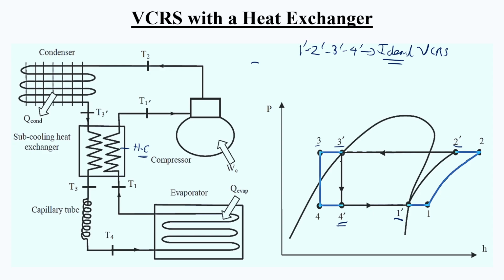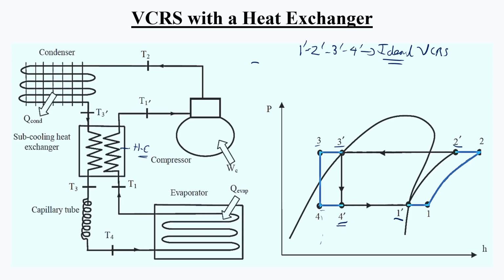Instead of going to 4 dash, the refrigerant will be expanded to point 4. Our refrigerating effect, the enthalpy difference, has now increased to 4 to 1 dash instead of 4 to 1 in the ideal cycle. So the refrigerating effect is increasing, and the COP is also increasing, since COP is refrigerating effect by work done.